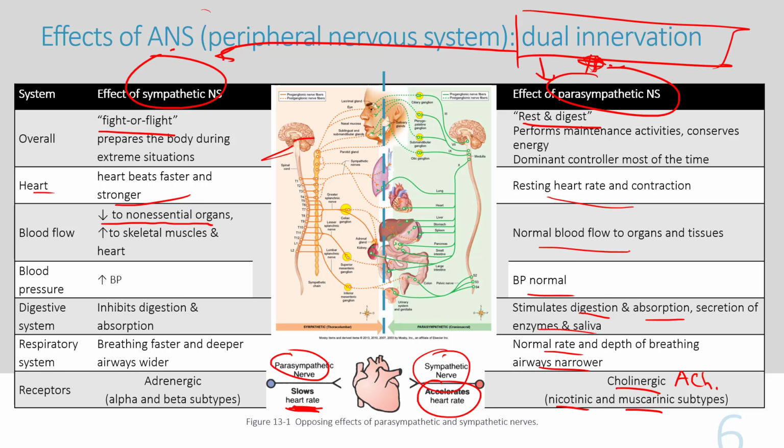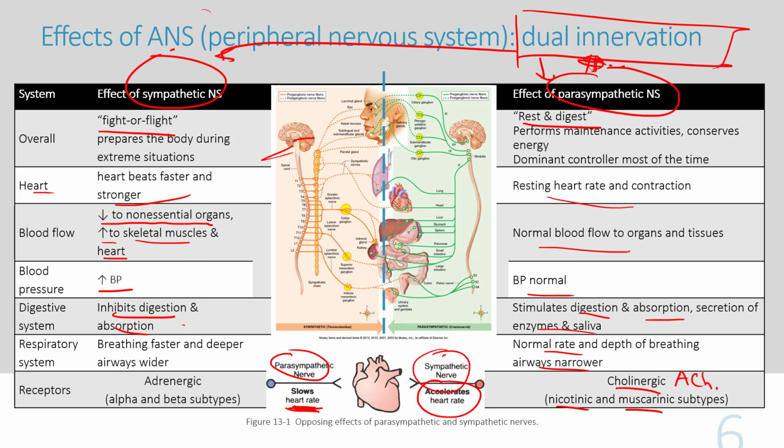So digestion shuts down, right? You can see this inhibits digestion and absorption. The blood is then diverted to the skeletal muscles and heart. Obviously not all the blood is diverted to skeletal muscle and the heart, but more blood is diverted to those areas, which will enable the body to prepare for fight or flight, right?